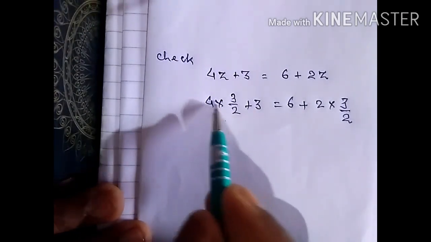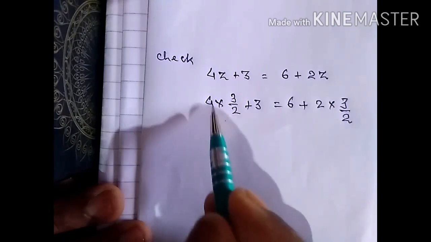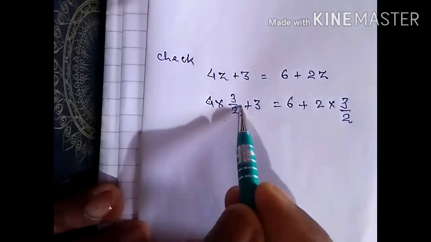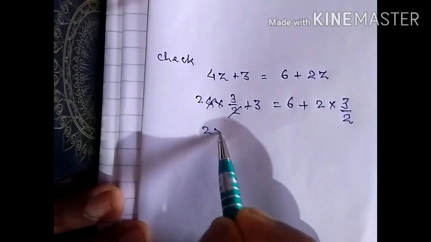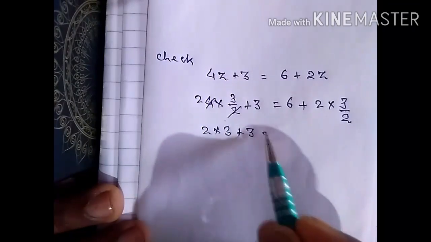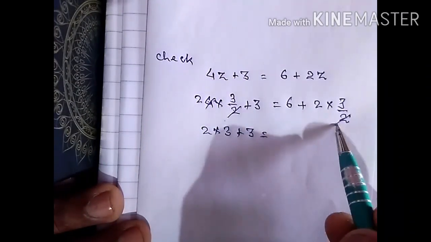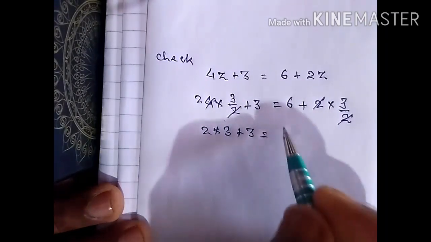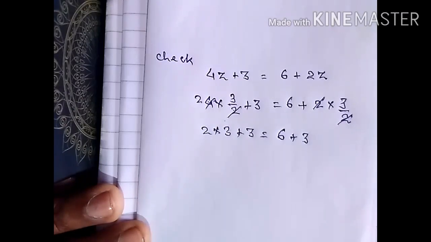Now we have to multiply this or divide first. That 4 divided by 2 will be 2, students. So this one, 2 into 3 plus 3 is equal to, and here again we have to divide, 2 divided by 2. So this one, 6 plus 3.